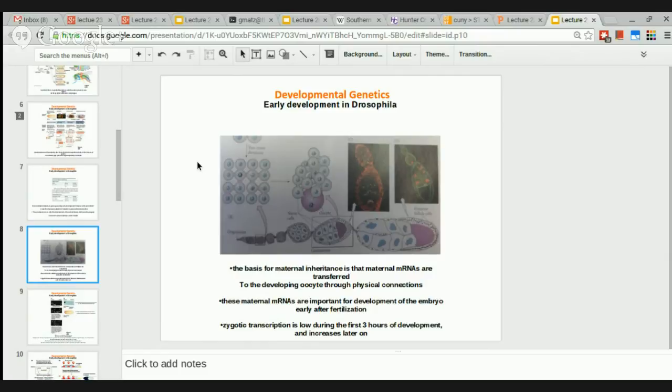But the one that undergoes meiosis and forms the oocyte actually keeps cytoplasmic bridges and canals, physical contacts with all the other cells. So all these other cells are diploid cells that have not undergone meiosis, and they're called the nurse cells.